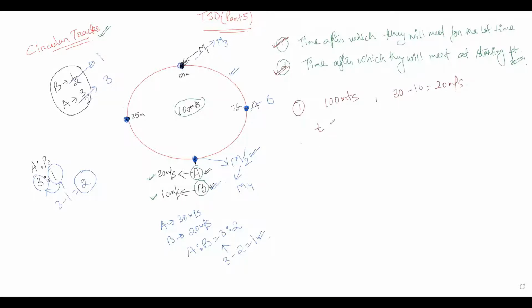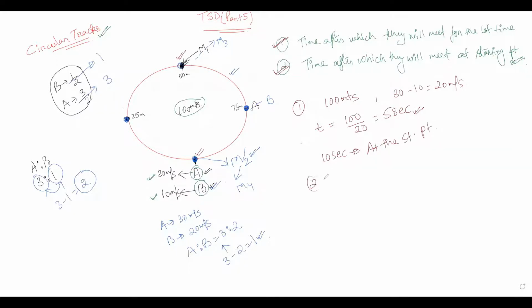So the time to meet for the first time would be simply 100 upon 20, that is 5 seconds. So that means every 5 seconds they would be meeting. So after 5 seconds, they are meeting at this point. So we can say that after 5 seconds, they will be at the starting point. So that means after 10 seconds, they would be meeting at the starting point.